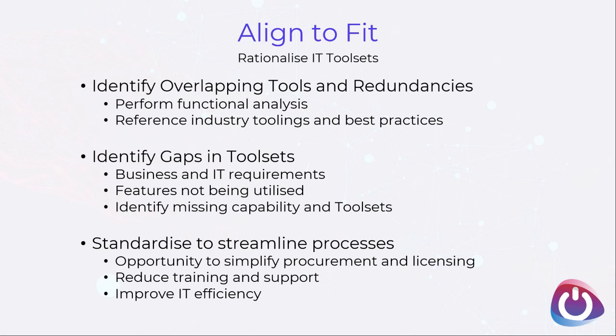So a lot of business or IT requirements. Is there any of the tool sets within the Microsoft 365 stack that could help fill some of those gaps? Do we have features that we're not utilizing? And is there anything that's missing? So you'll probably have that, and that might be driven by business requirements.